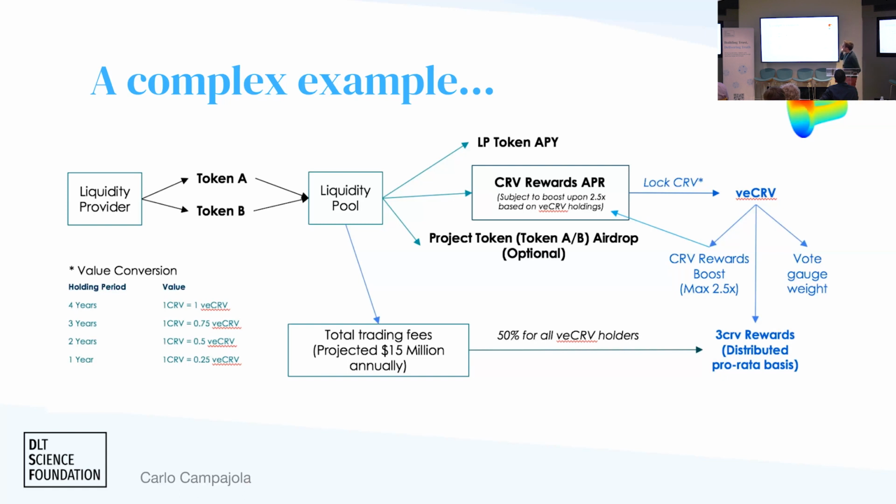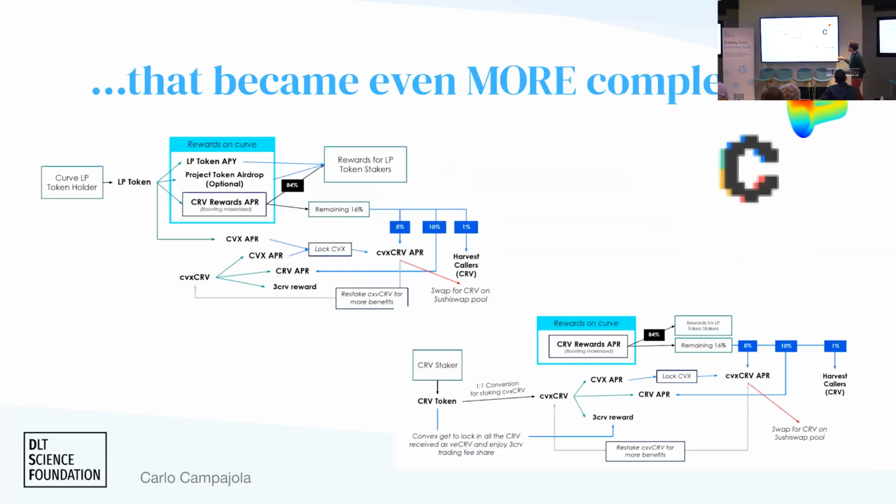And typically when things get complicated, they can become even more complicated when you add another protocol on top of that. And that's the yield farming protocol Convex. Convex is specifically built for Curve in a way that is made to maximize the rewards for Convex stakers.